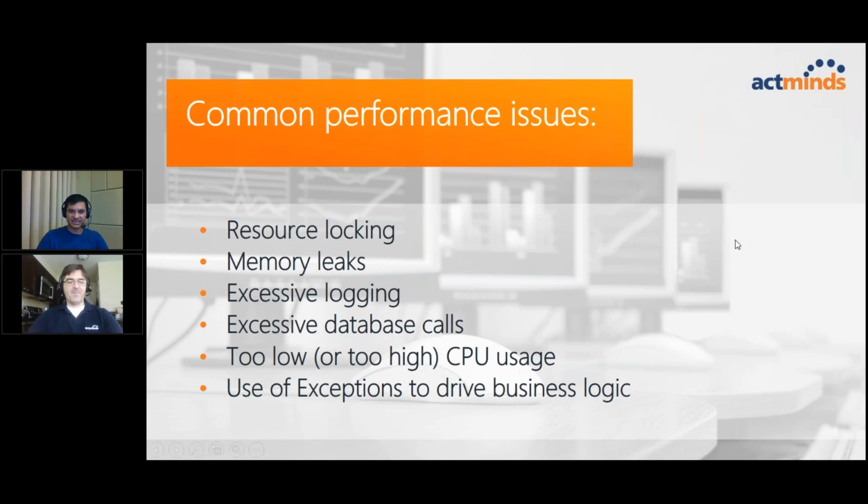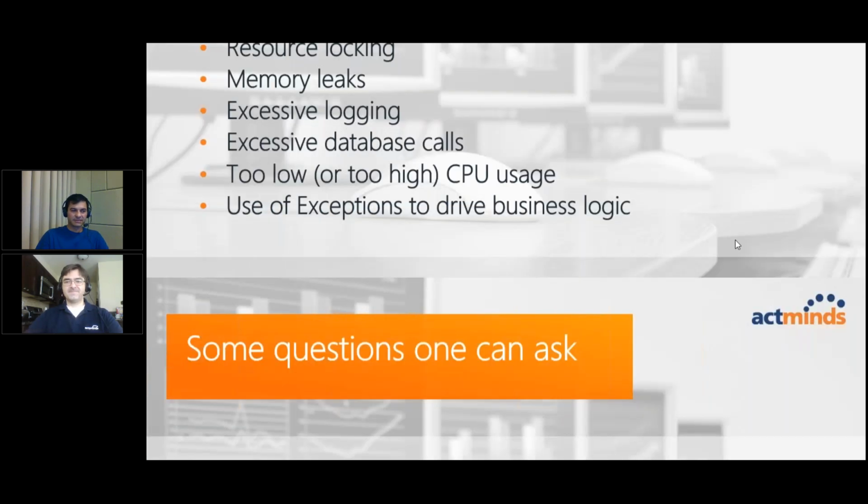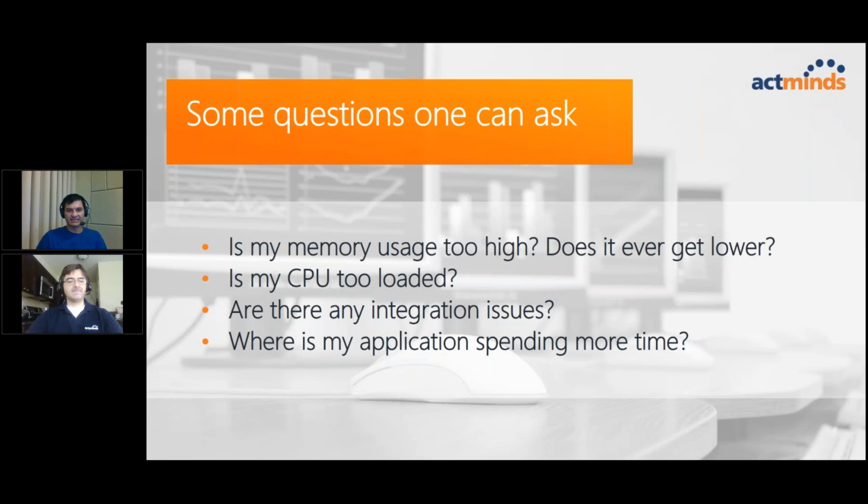So thank you guys once again. What we have in this slide and in the next are some general questions we can ask to try to think about the issues we're facing, right? So you're facing your application and seeing the performance issues. So how do you start?